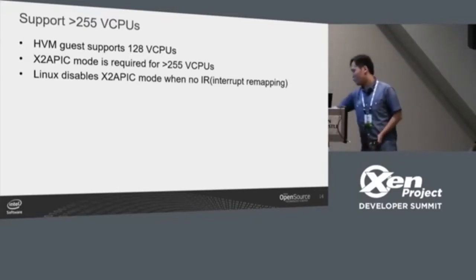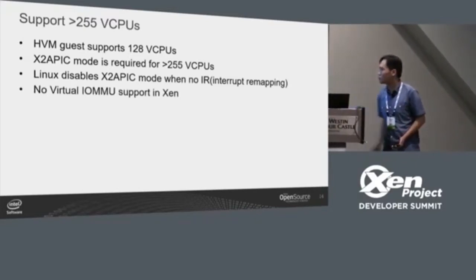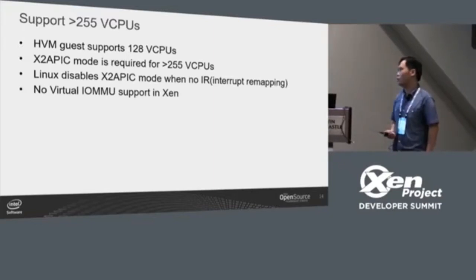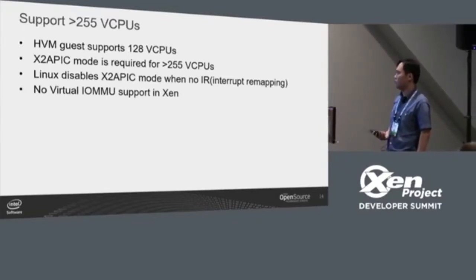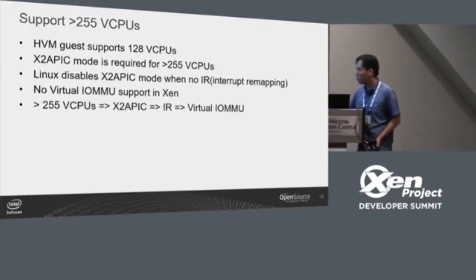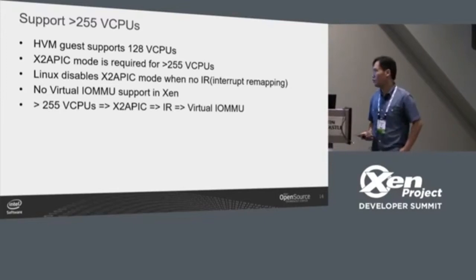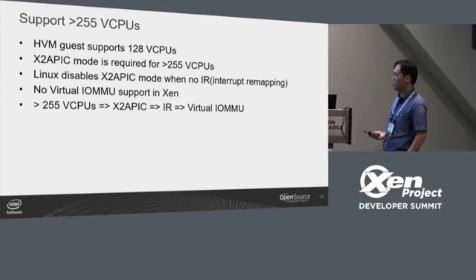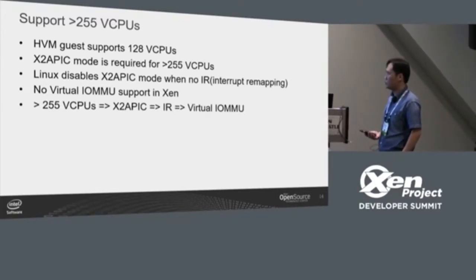It's one of the IOMMU features, so it requires virtual IOMMU support in the VM, but currently Xen doesn't have such support. So the dependency chain looks like this: we need x2APIC, the IRQ remapping function, and the virtual IOMMU.